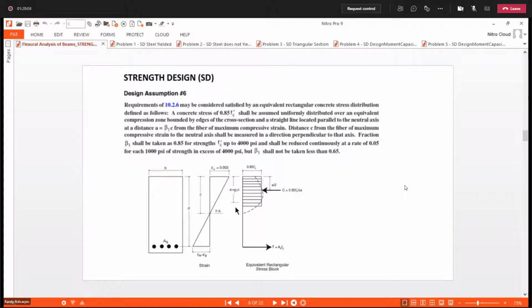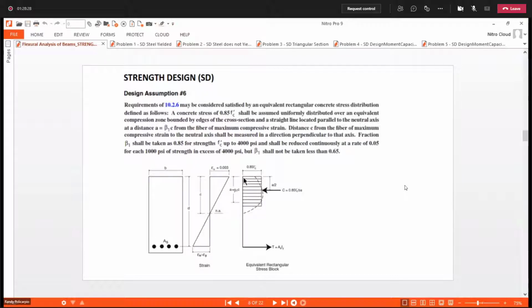By the way, paki-correct itong figure, no? Itong depth nitong ating rectangular must be hanggang dito. No, hindi ito, no? Hindi kasali ito, ha? So hindi ko na correct ito, no? So hanggang dito lang, ha? With the depth A, no?